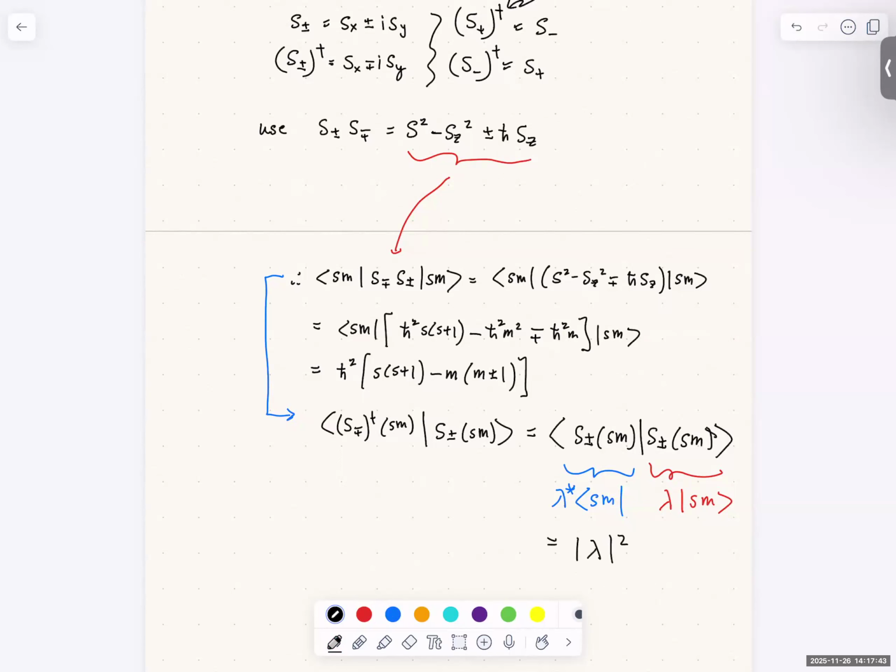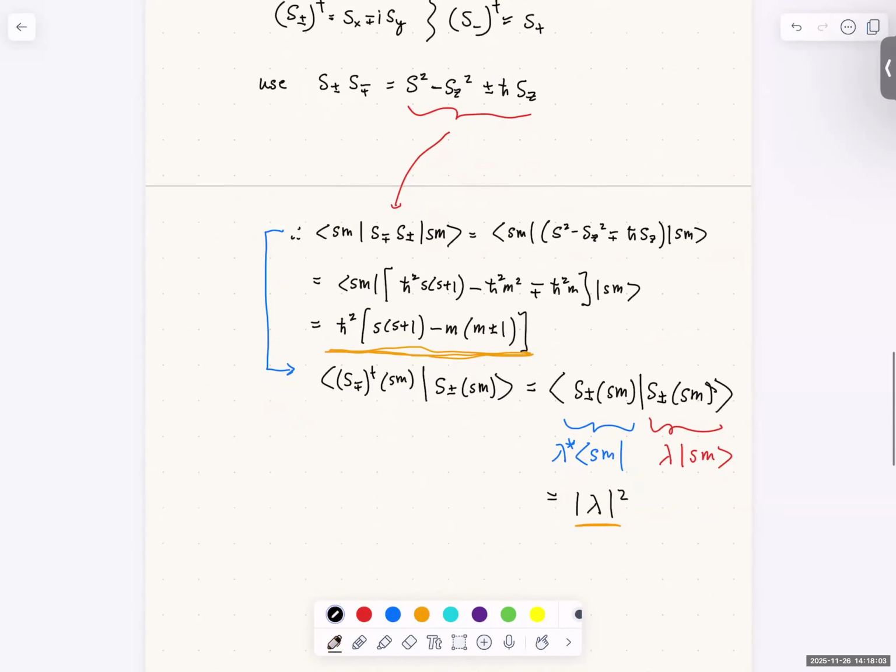And this lambda squared must be equal to this quantity here. So these are equal. Everything in here is a real quantity, so I don't need to worry about the absolute square. That's just lambda squared. And the result is, therefore, lambda is h bar square root s plus 1 minus m plus or minus 1. And so this is the eigenvalue of the raising and lowering operator.